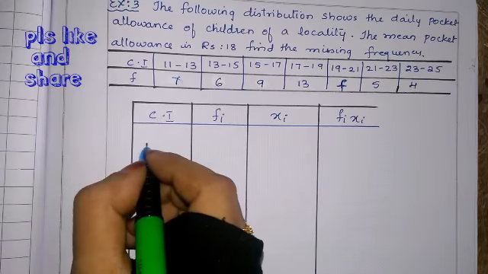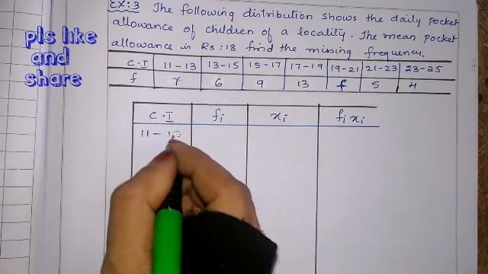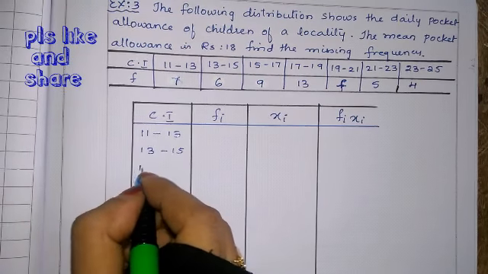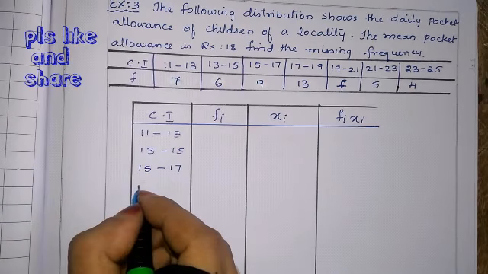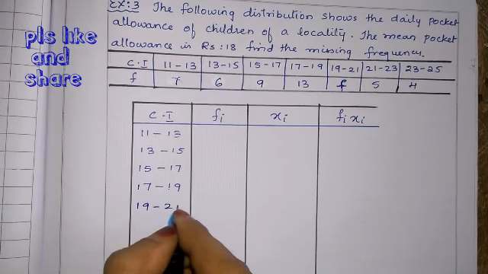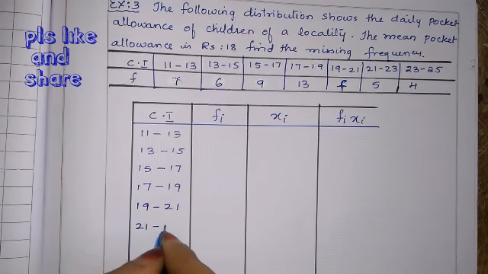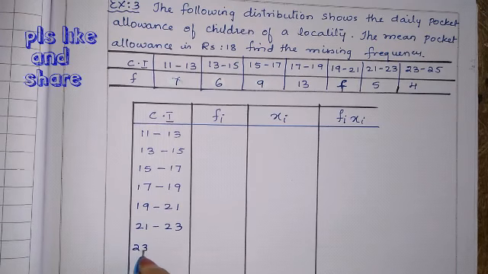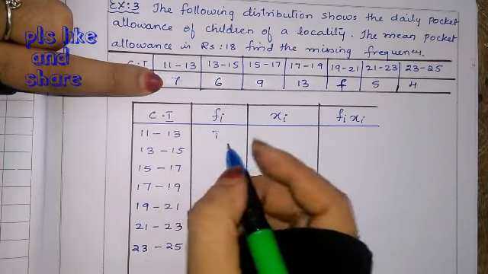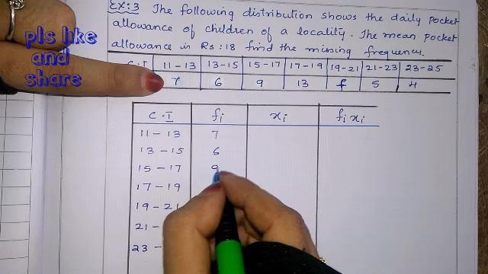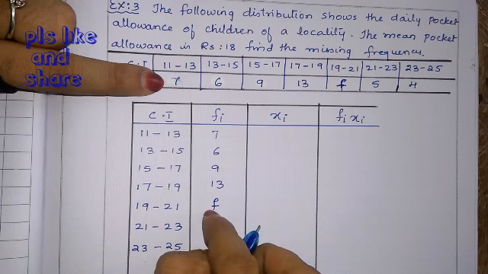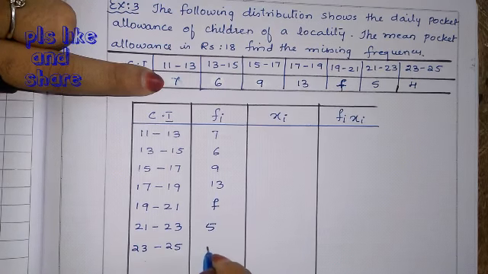So the class intervals are 11 to 13, 13 to 15, 15 to 17, 17 to 19, 19 to 21, 21 to 23, and 23 to 25. Frequencies are 7, 6, 9, 13. Here one frequency is missing, so we will write F, then 5, 4.